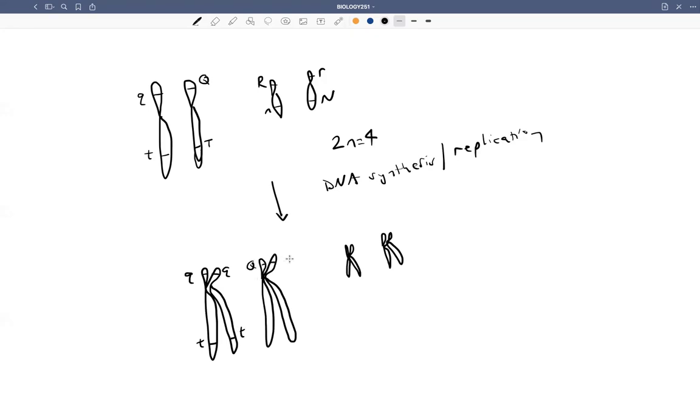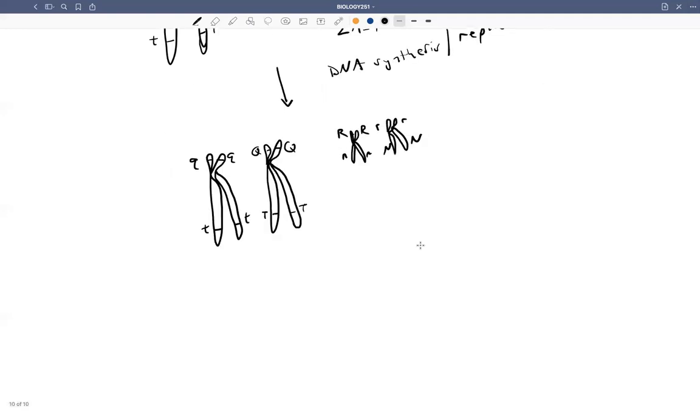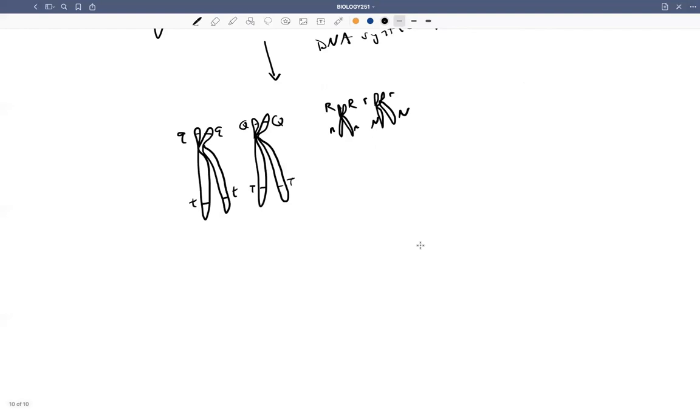Big Q, big Q, big T, big T, big R, little n, big R, little n, little r, big N, big N. So we've just made exact copies of these chromosomes. There's still 2n equals 4.